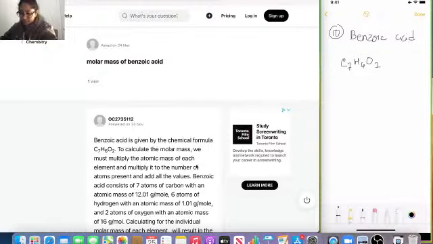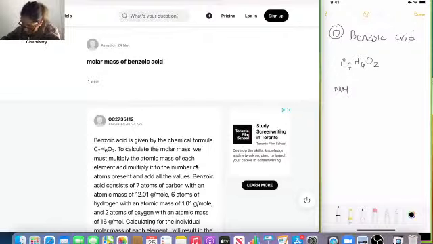Okay, and to calculate the molar mass, we need to know the chemical formula. This is one of the crucial things we need to know. And so to calculate the molar mass, let's break the chemical formula into three separate units here.